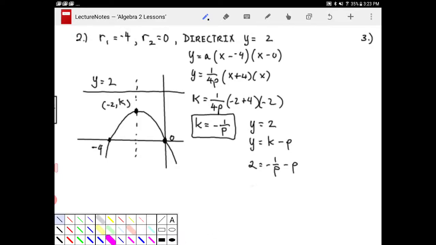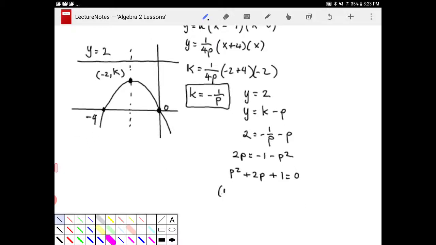So if I do this, I'll end up with 2 is equal to, or 2p is equal to -1 minus p squared. I want to add p squared to both sides. I'll end up with p squared plus 2p plus 1 is equal to 0. Now I can solve for what p is.